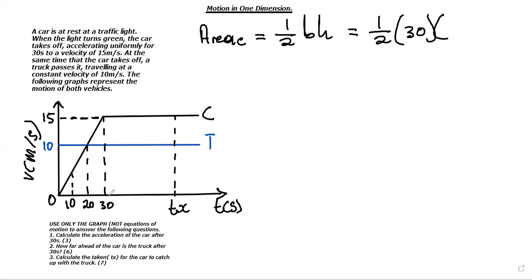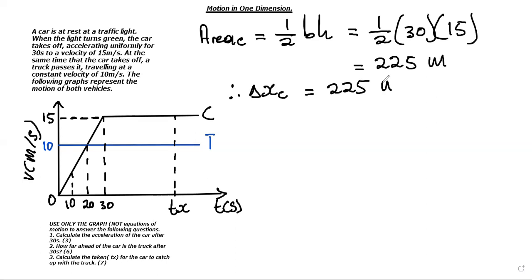And then your height will just be 15 meters per second. So let's see how much you get when you press this into your calculator. So you find that the area under the graph will be 225 meters. Then you can conclude and say, therefore, the displacement of the car will just be 225 meters.